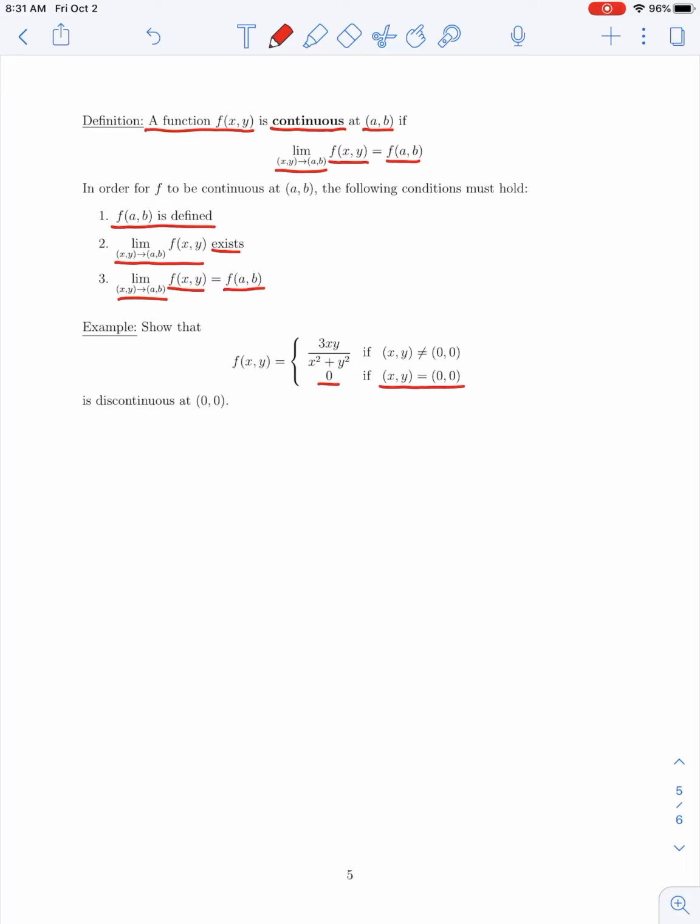So our function is defined to be 0 at the origin, and for any other point in the xy plane other than 0, 0, our function is defined as 3xy over x squared plus y squared. Now, we claim here that this function is discontinuous at the origin. We're supposed to show why.